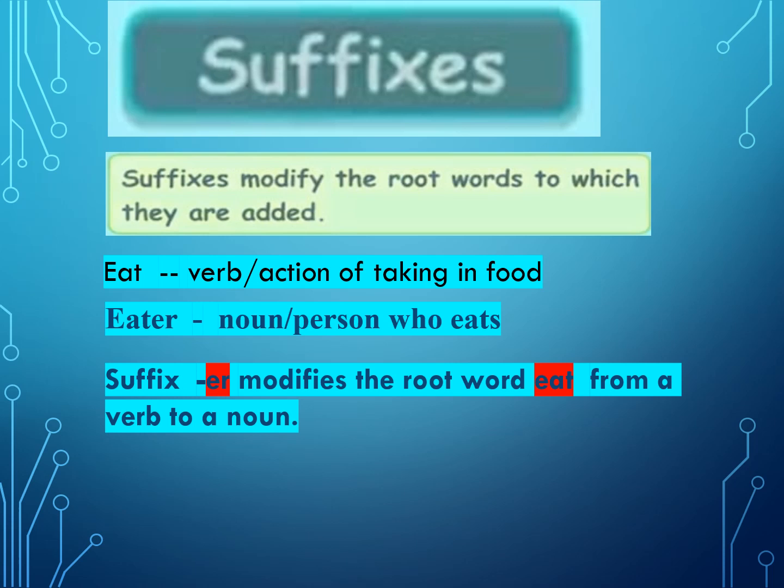For example, the root word eat refers to the verb or an action of taking in food. However, the word eater refers to a noun or person who eats. The suffix er modifies the root word eat from a verb to a noun.